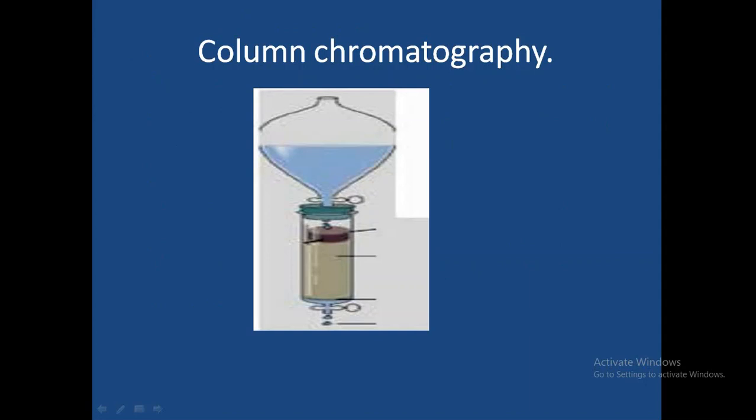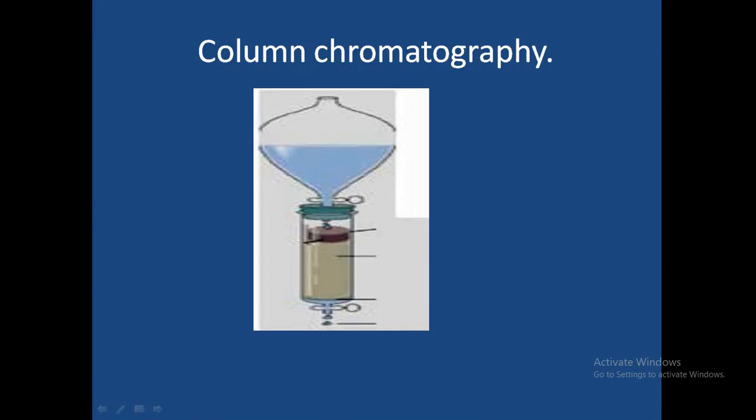So this is a diagram showing a simple type of column chromatography. Here you can see the separatory funnel at the top, and below that you can see the column, and the compounds to be separated or purified have to be poured into the separatory funnel, and from the separatory funnel it has to be applied onto the column little by little, and separation is achieved inside the column.